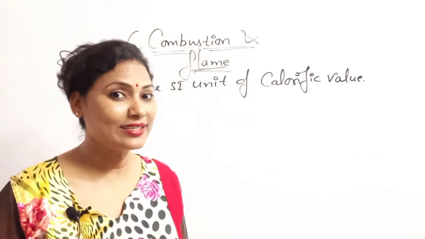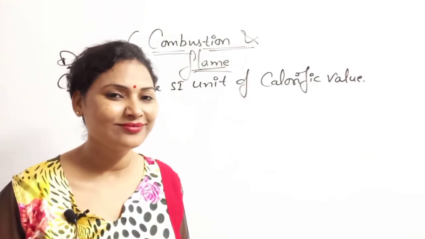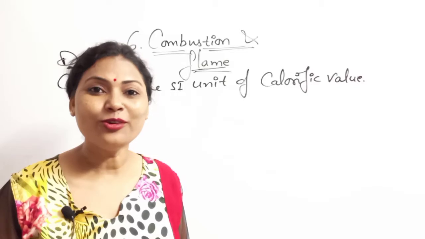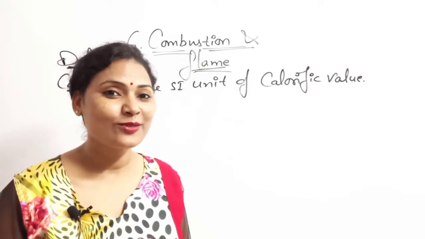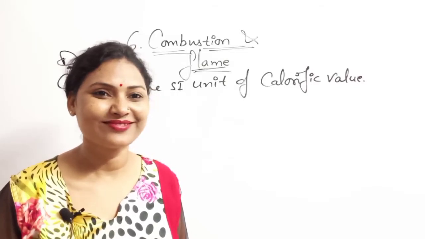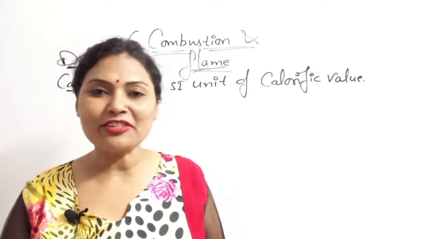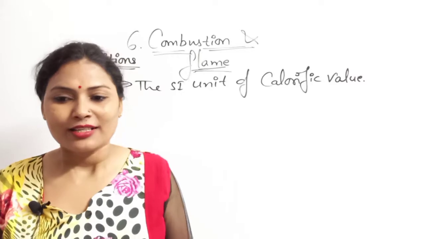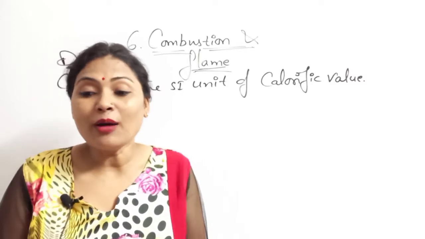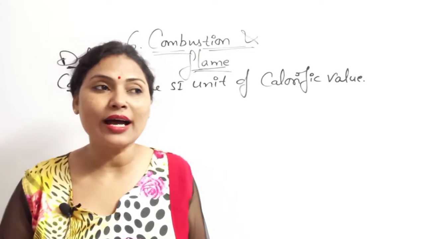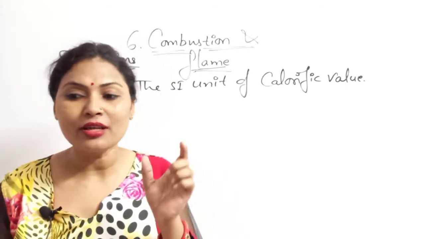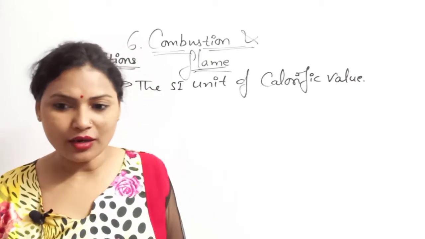Do you know what is calorific value? Let us discuss another definition, that is calorific value. Calorific value is the amount of heat energy generated by the complete combustion of 1 kg of a fuel.